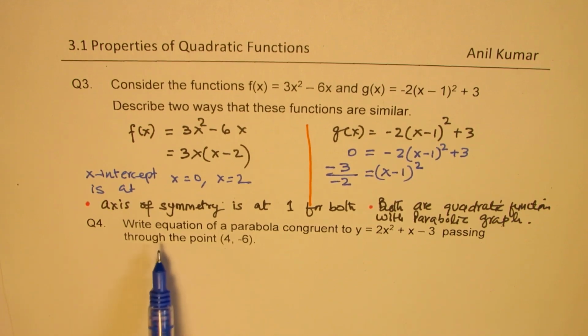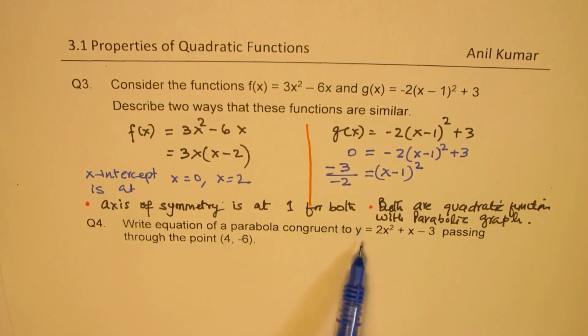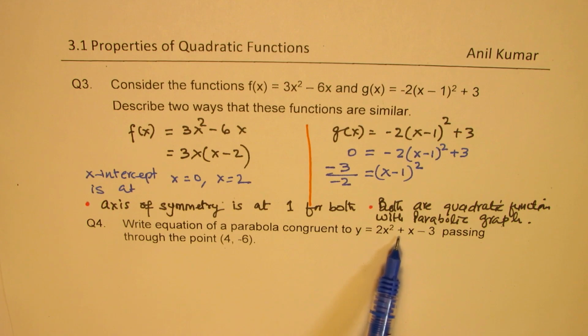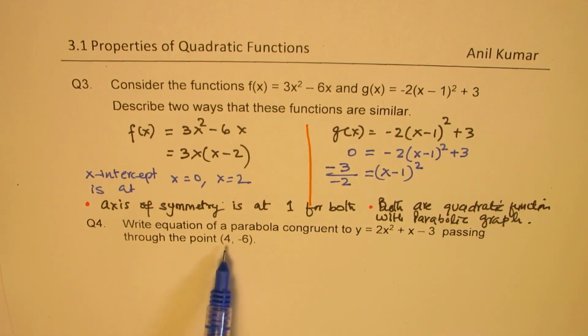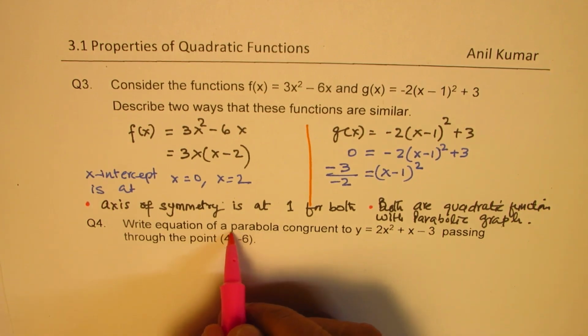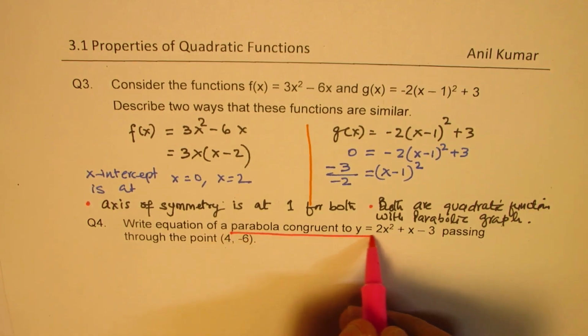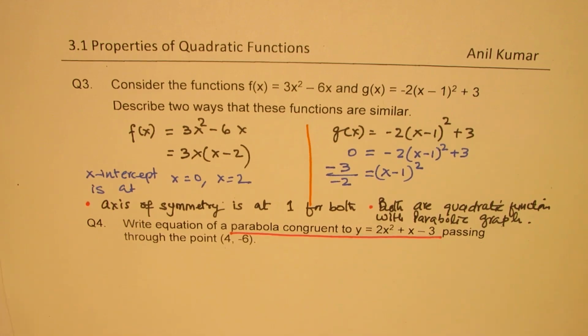Question number 4. Write the equation of a parabola congruent to y equals 2x squared plus x minus 3 passing through the point (4, -6). Now what do you understand by saying parabola congruent to? Now two parabolas are congruent means they have the same a value, right?